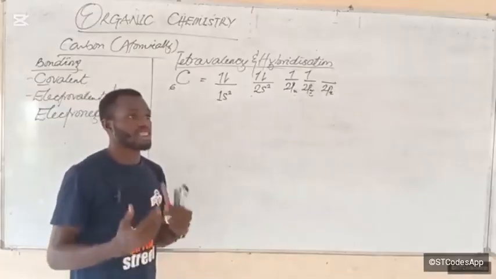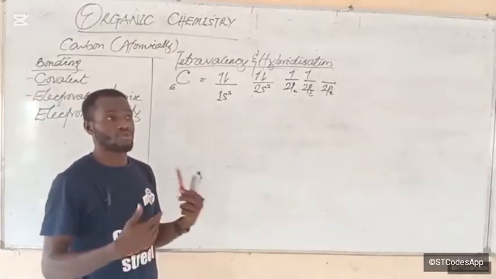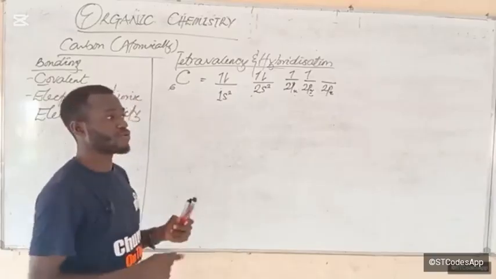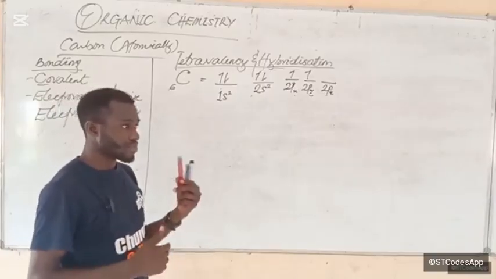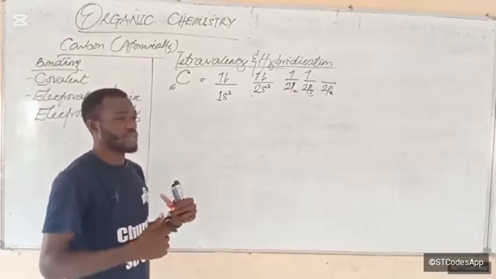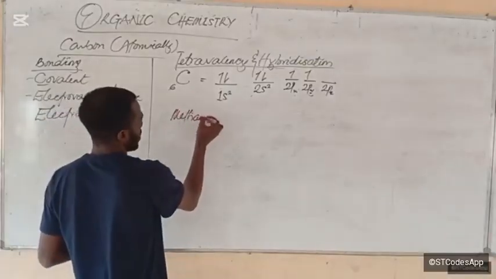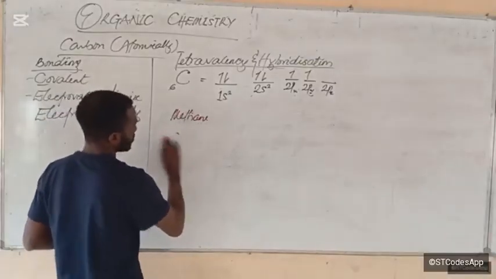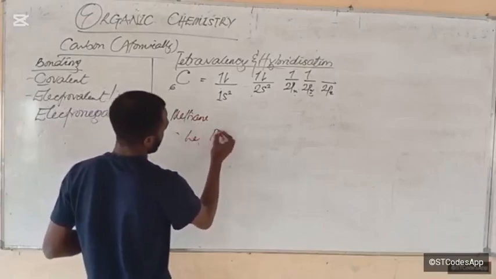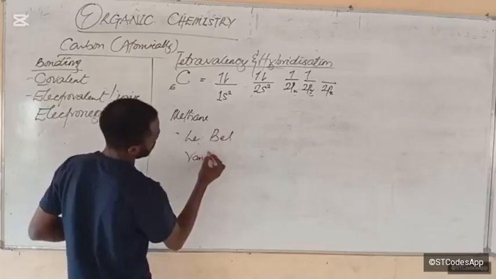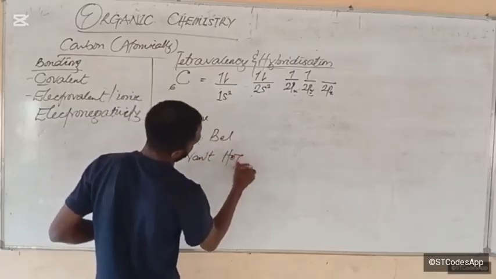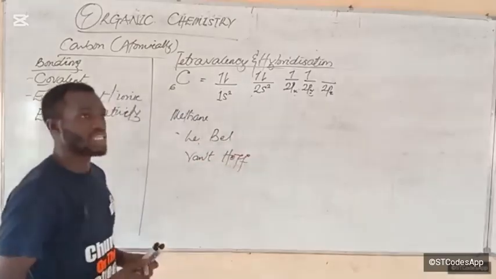Now, several ideas have been postulated, and one of which was that the structure of methane was explained by Van't Hoff and Le Bel.